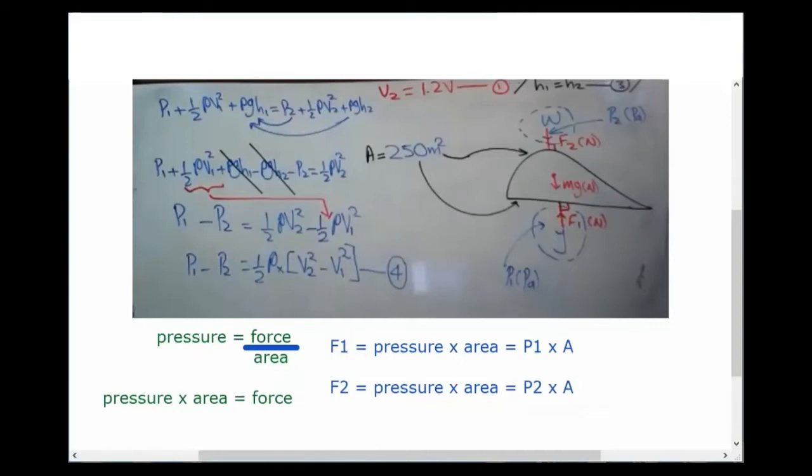So please leave a line and write: 3 forces are acting on the aeroplane, within brackets, F1, F2 and mg.